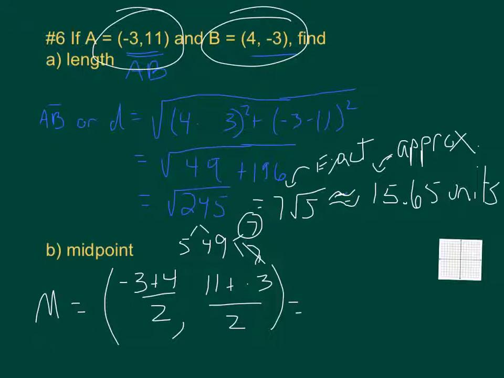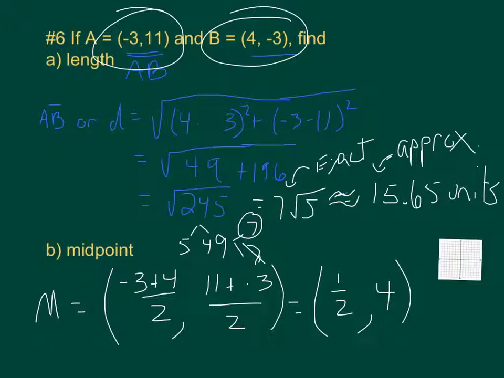Well, negative 3 plus 4, that's just 1, so you get 1 over 2, or 1 half. And 11 plus negative 3, that's just 8. And 8 over 2 reduces to 4. So there you go. That's the midpoint between negative 3, 11, and 4, negative 3.